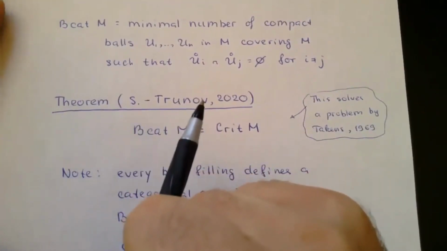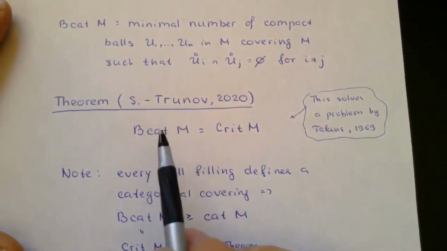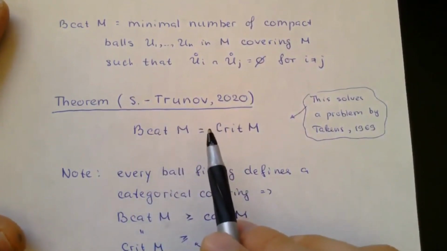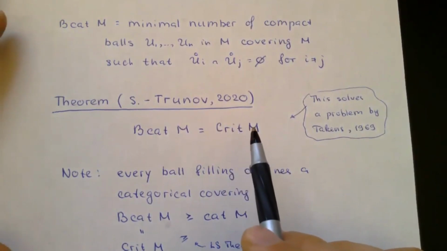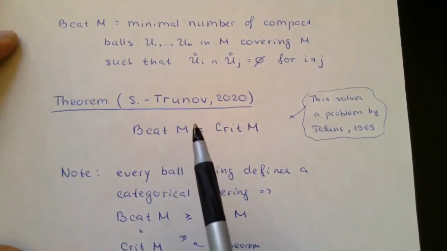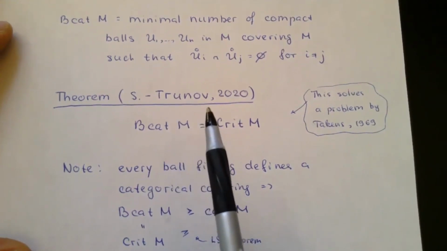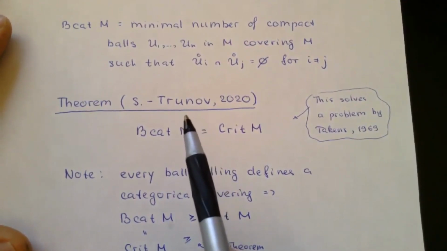With Stanislav Trunov, we proved that Bcat of M, this invariant, is precisely the same as the minimal number of critical points on the manifold M. This theorem somewhat clarifies the original Lusternik-Schnirelmann estimate.